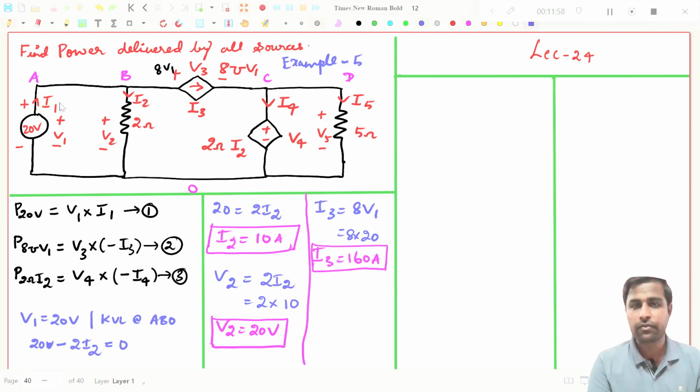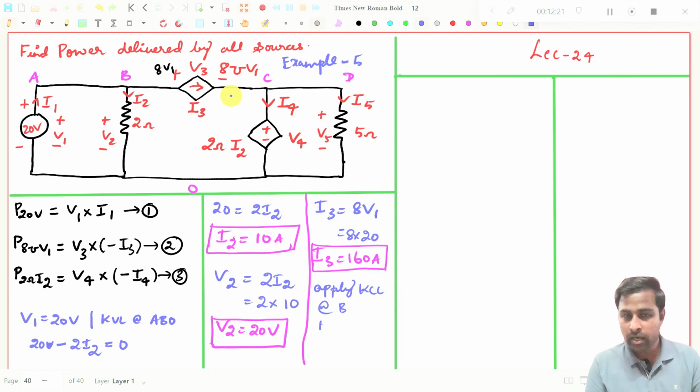If you want to find I1, what you do, you apply KCL at this point B. If I apply KCL at B, see, I1 is coming in, I2 is going away, and I3 is also going away. So this is the expression if I apply KCL at point B.